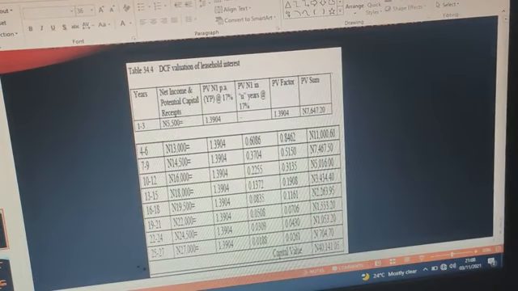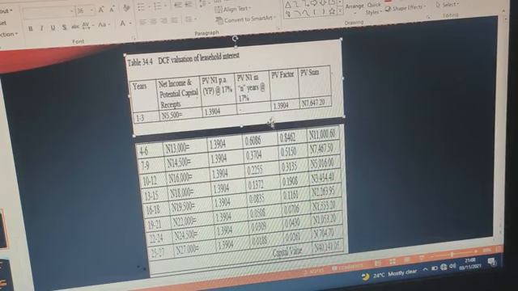The table of DCF valuation of leasehold interest is shown as Table 34.4.